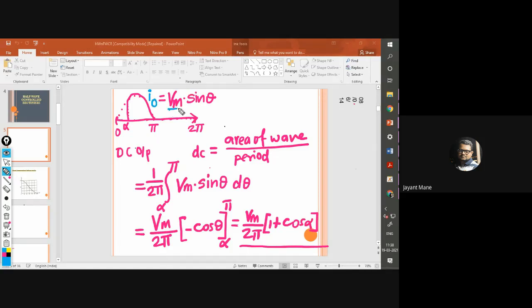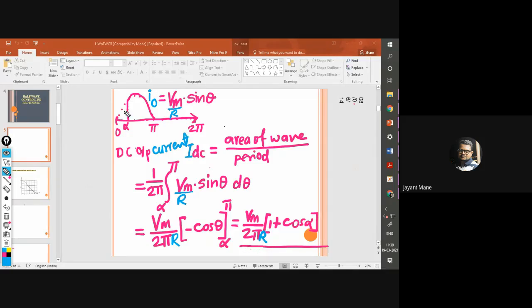If it is I0, then given by Vm by R sin theta. So DC output current will be IDC. Again, area of the wave divided by period. So it will be Vm by R. Here also Vm by R. And here also Vm by R. So only this is the difference for current.